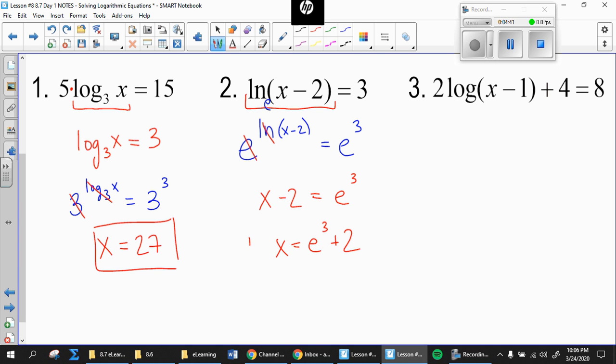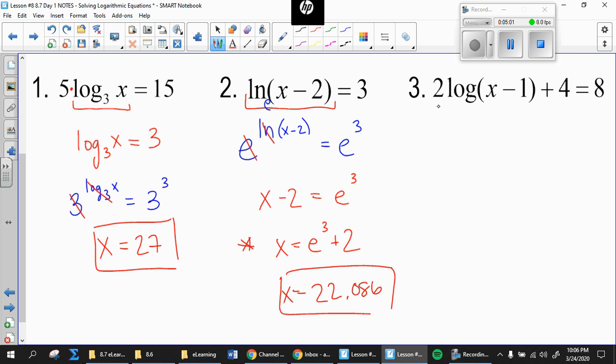Again, that is our exact answer. We can type that into our calculator and get a rounded answer, 22.086. Both of those are correct answers.